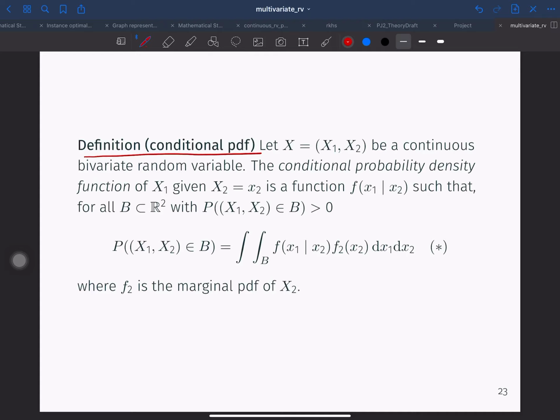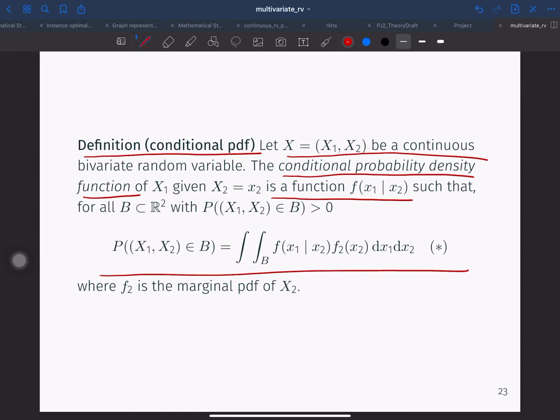So in any case, if we have a continuous bivariate random variable that has a joint PDF, then basically the conditional PDF is any function f of x1 given x2 that satisfies the property we saw earlier, where f2 is the marginal PDF.